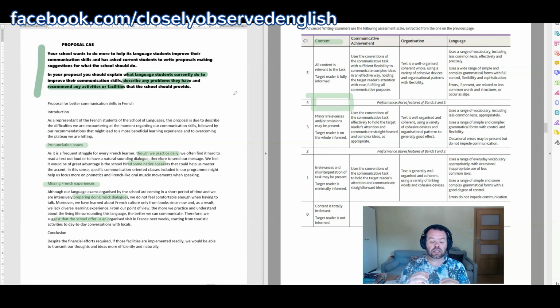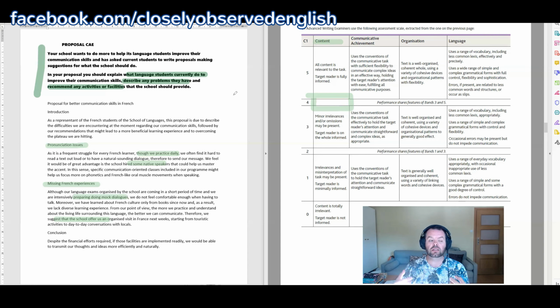Then you go to describing a problem, or maybe two, if you think you could do it, if they are linked in a way. I think you could just about do it. If you reshape the introduction to be a bit shorter, maybe just one line or two rather than we've got 3.5 here, it might be a bit overkill. You could talk about pronunciation issues as a problem.